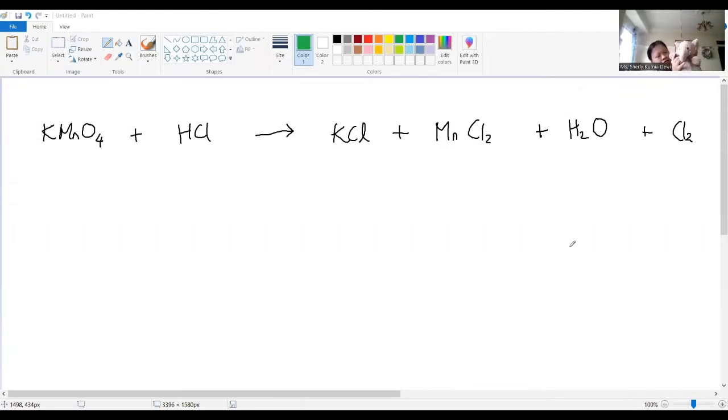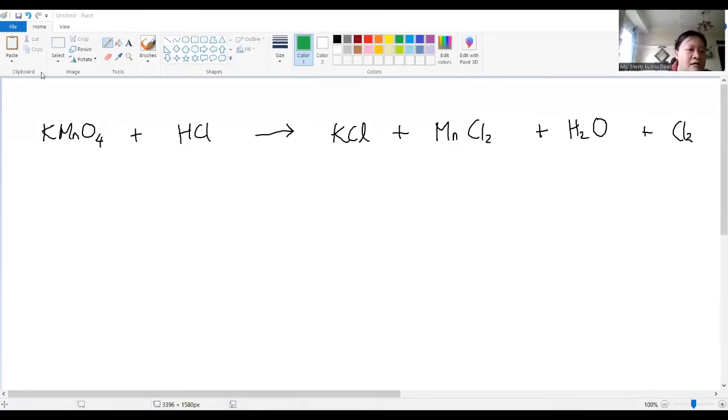This is a very complex equation, consisting of 2 reactants and 4 products. First, I will do the word equation, after that the chemical equation. For the word equation, you don't need to put the coefficients.